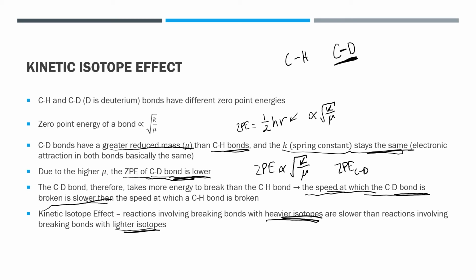Why is it slower? Because with the heavier isotope, your 0 point energy is lower, and in order to break the bond, you need to overcome the 0 point energy. So you have more energy to overcome when you have a heavier isotope, and because you have more energy to overcome, the breaking of the bond will go slower.